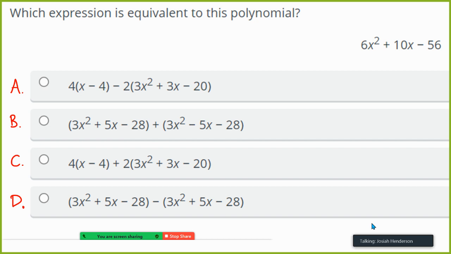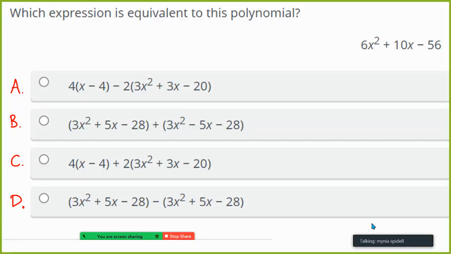You mentioned which ones add up to 5. Where did that come into play? When I multiplied the coefficient of the term by the constant term, which is 3 and negative 28, I got negative 84. I was stuck for a second, and I thought maybe something should add up to 5 and multiply to negative 84.